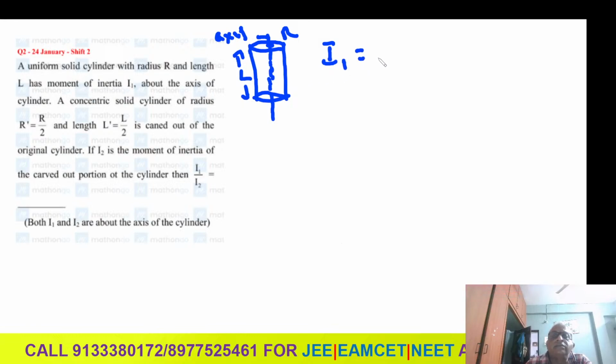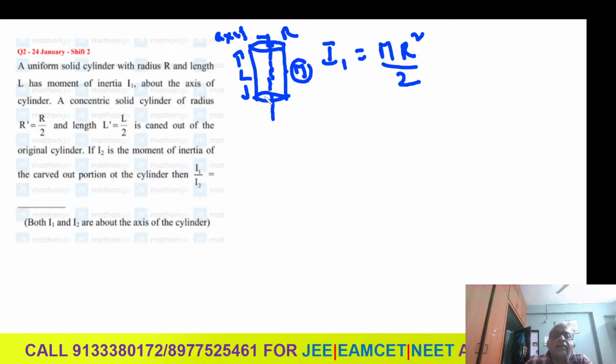This is called a solid cylinder, and this is its axis. The solid cylinder has radius r and length L. But moment of inertia doesn't depend on length here. Moment of inertia about this axis is mr square by 2, just like a circular disc, where m is the mass of the cylinder.